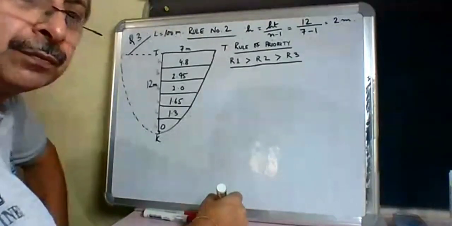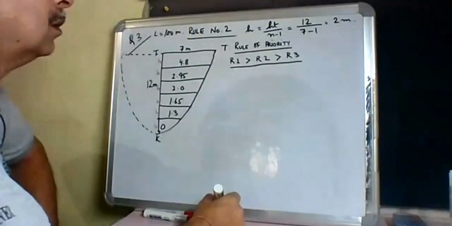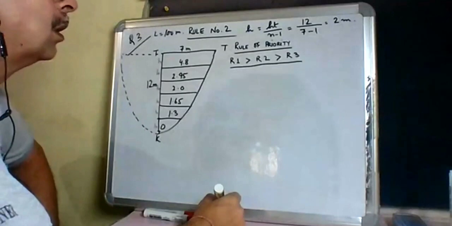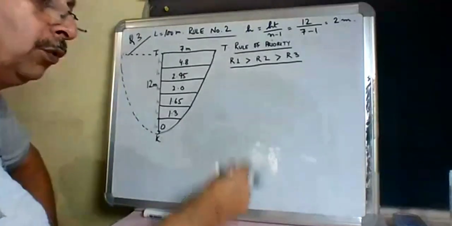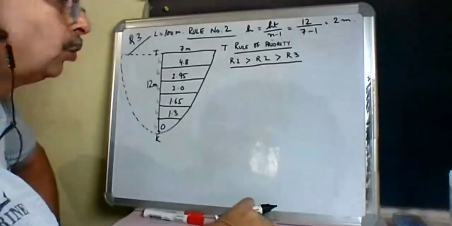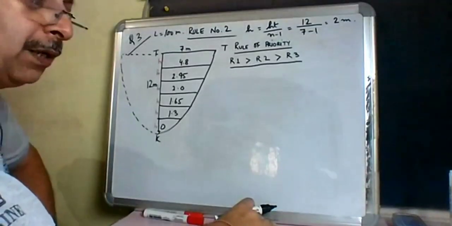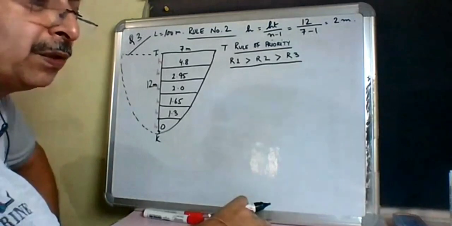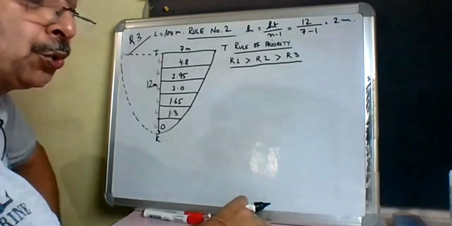So therefore, in this question, under normal circumstances, you will use rule 1. But supposing I write over here, use rule 2, then I'm compulsorily wanting you to use rule 2.